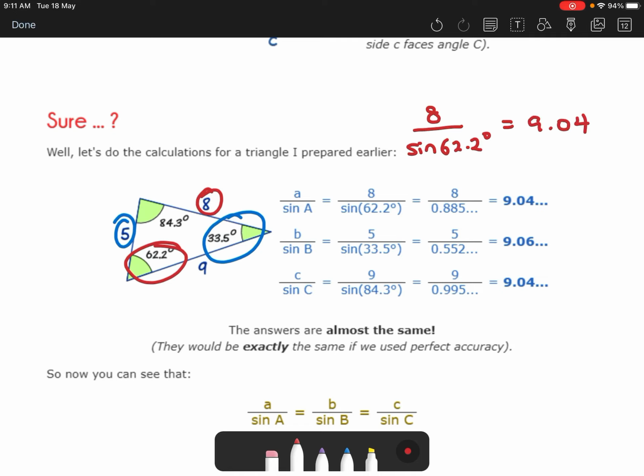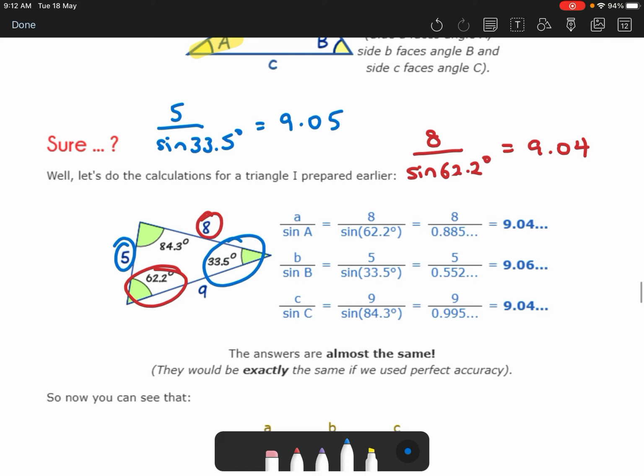Then we check with our 5 and sine 33.5. 5 divided by sine 33.5 degree, you also get about 9.05.